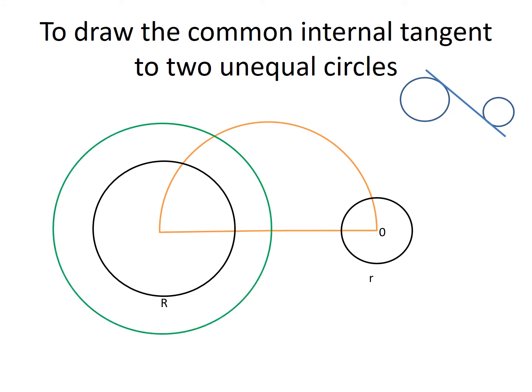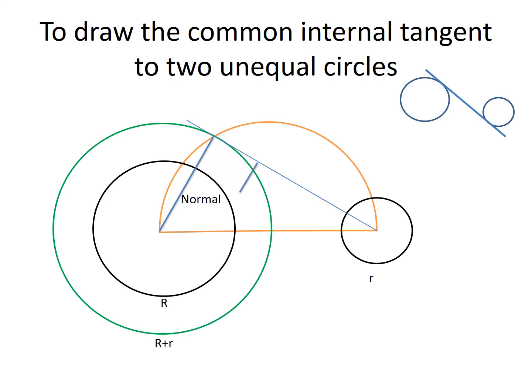This time we're going to be using a construction circle with a radius equal to R plus r. What that does is that it gives us a normal that will give us a tangent to the center of the small circle.